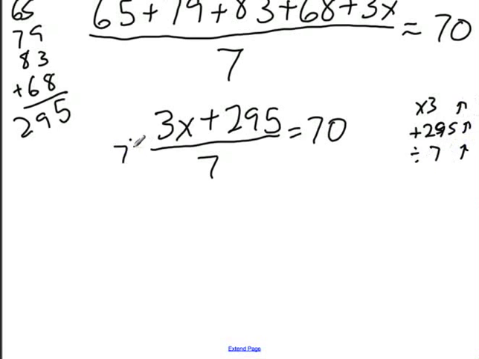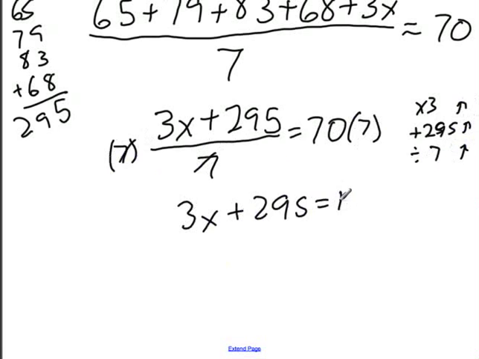So I'm going to multiply both sides by 7. And that gets rid of that. It reduces. So we get 3x plus 295 equals 490. Now we need to subtract these, because that's the next thing. We added 295, so we have to undo it, so we need to subtract 295.